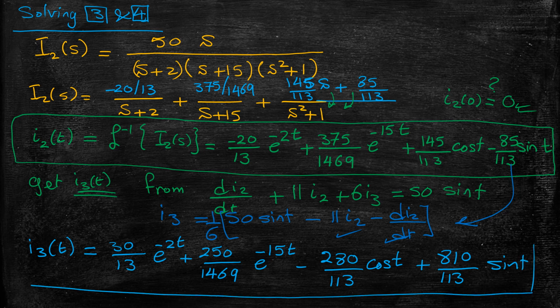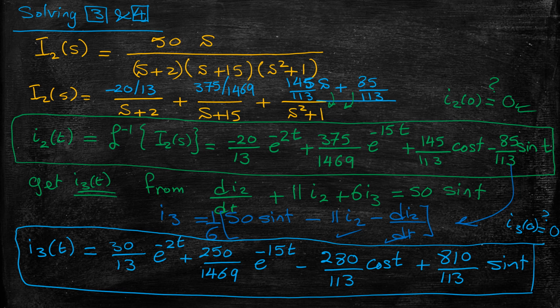And then this is our I3 of t. Again, our check is that I3 of 0 should equal 0 at the end. One quick question: what's the value of I1 of t? It's nothing but I2 of t plus I3 of t.